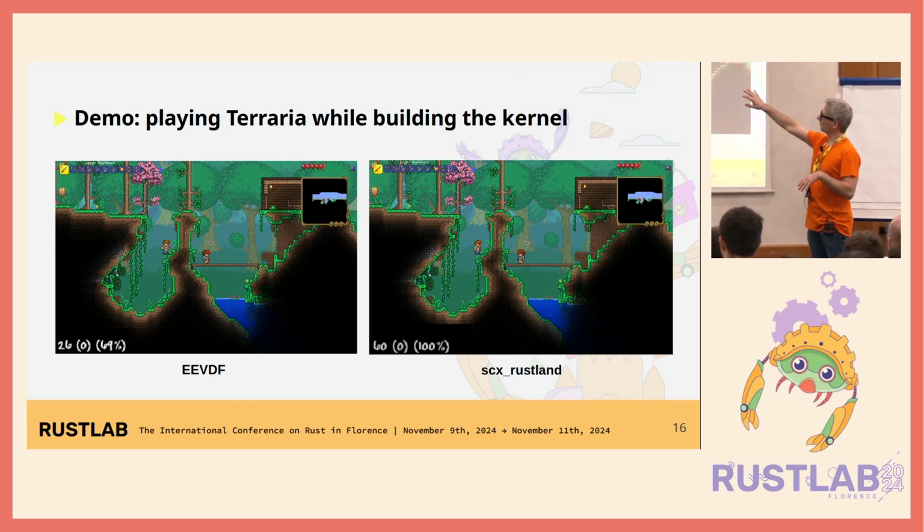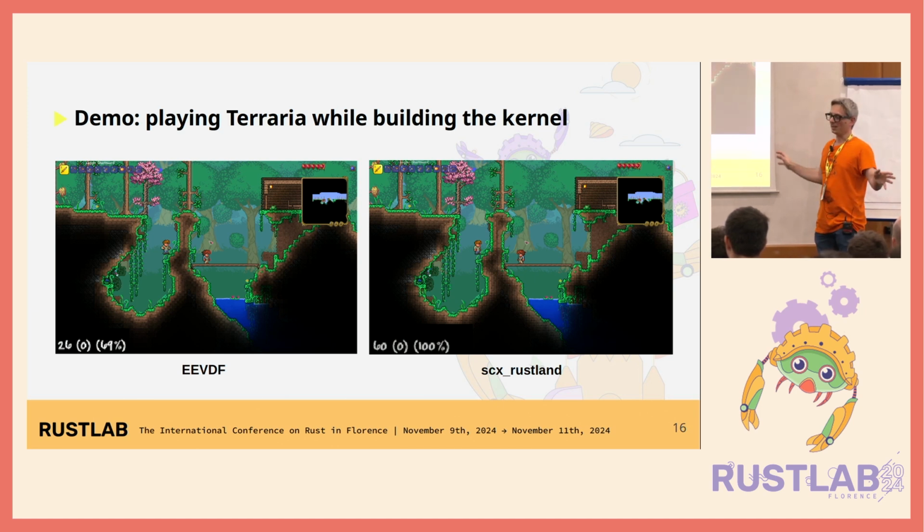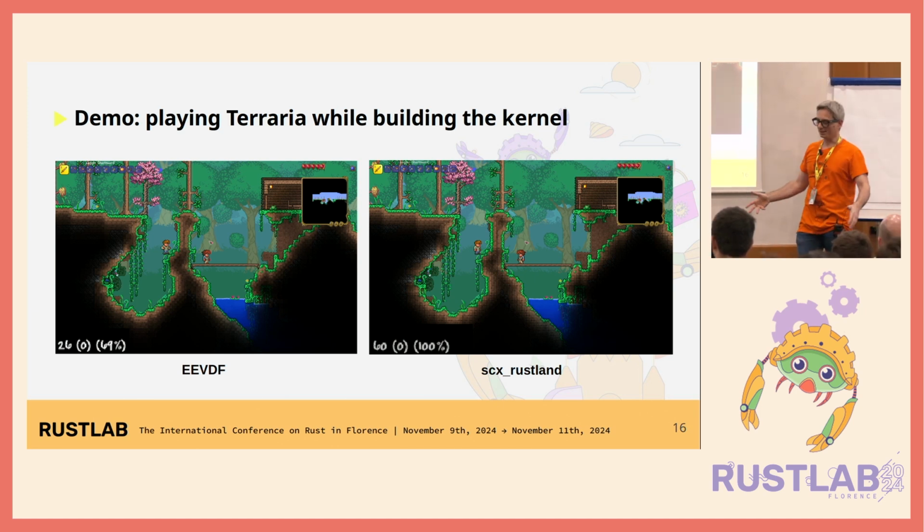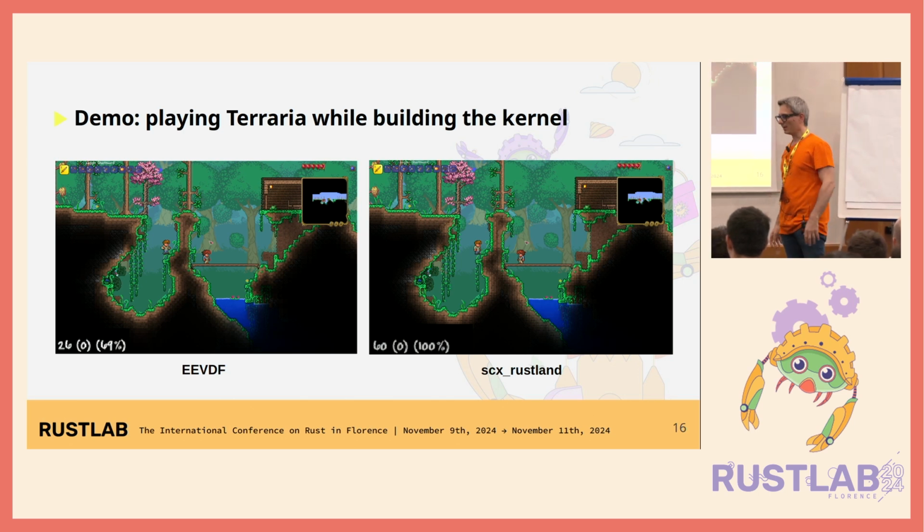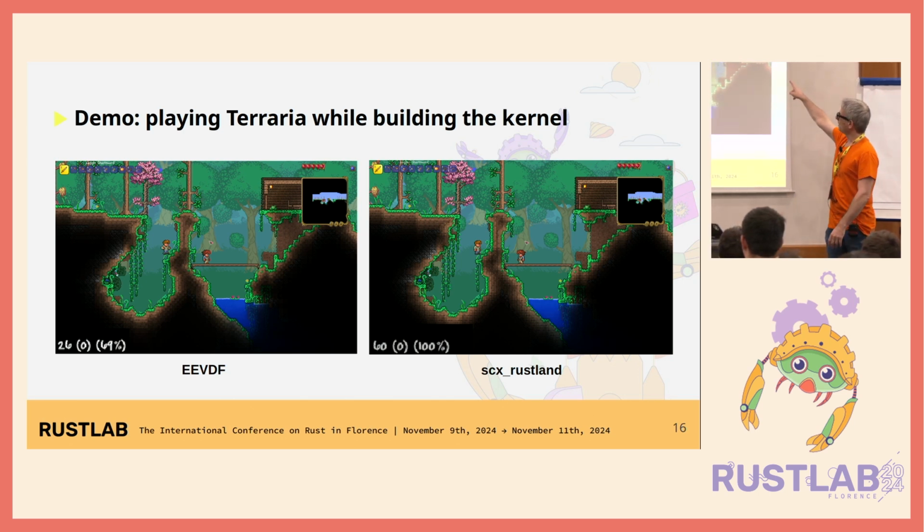So I had this workload that is very special and probably not much realistic, but maybe it is. Basically, I was building the kernel while playing Terraria. Who knows Terraria? Who plays Terraria? You play. No, it's a great game. It's really good, and also really good to do scheduling benchmarks because there are multiple threads and it's quite simple.